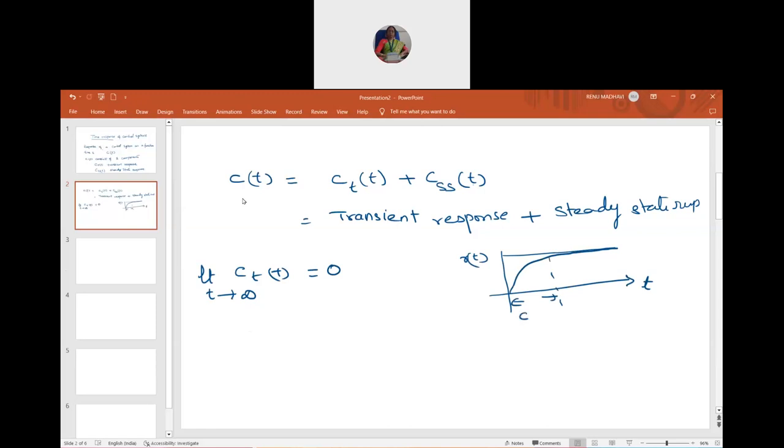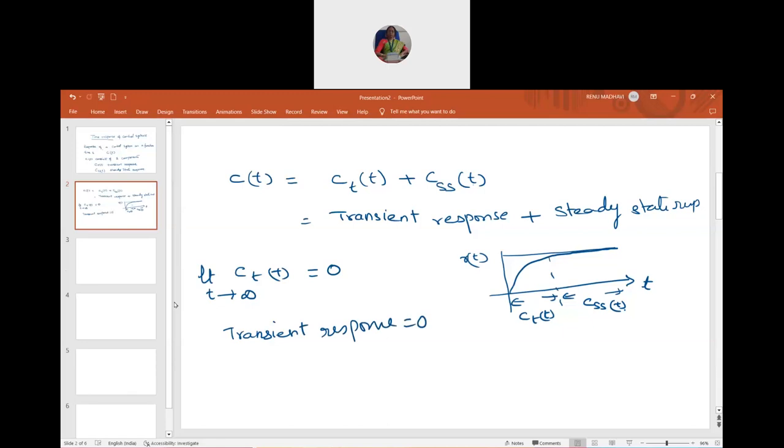One is the transient response, and the other one is steady state response. So transient response is defined as limit of t tending to infinity, C_t of t will become zero. That means transient response will become zero after a longer time. As t tends to infinity, the transient response becomes zero.